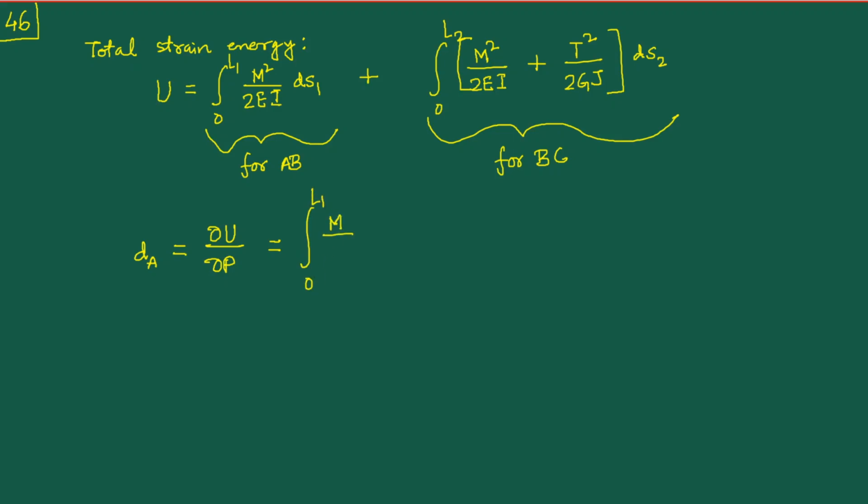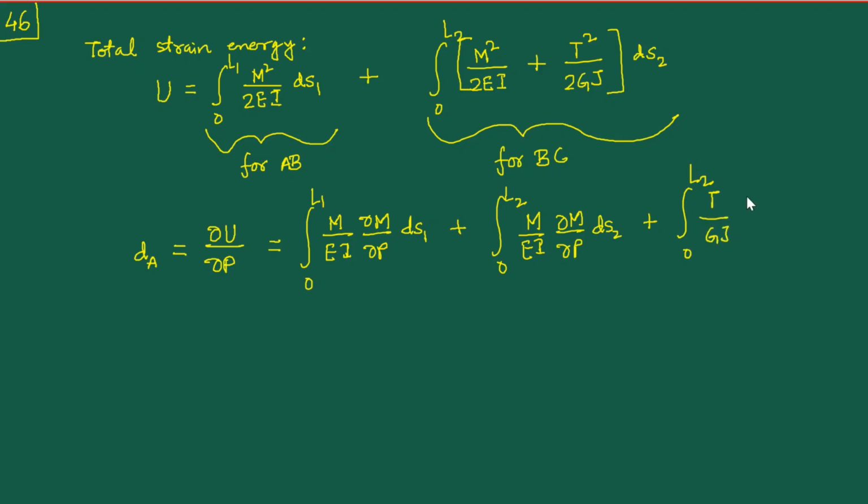This is just as before: integration of M by EI del M del P ds1, plus integration 0 to L2 of M by EI del M del P ds2, plus integration 0 to L2 of T by GJ del T del P ds2.